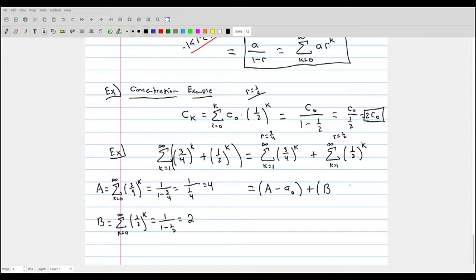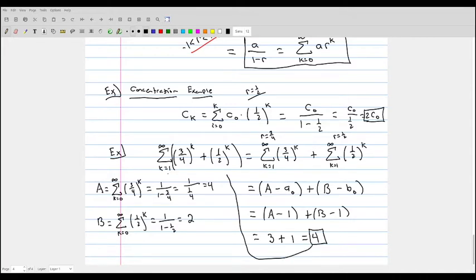So this is going to be 2 minus the first term in the sequence, which we'll call b0. So it's A minus a0, and 3/4 to the 0 is 1. b0 is 1/2 to the 0, or 1. This is going to be 4 minus 1, which is 3, plus 2 minus 1, which is 1. So ultimately, this series, we've shown, converges to 4.